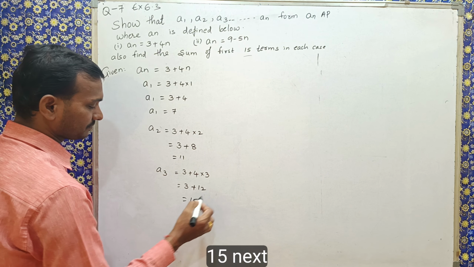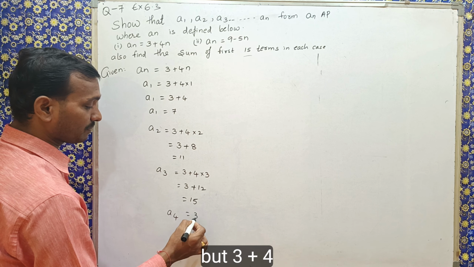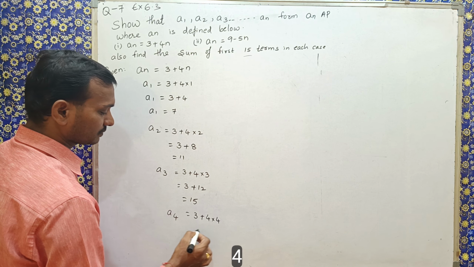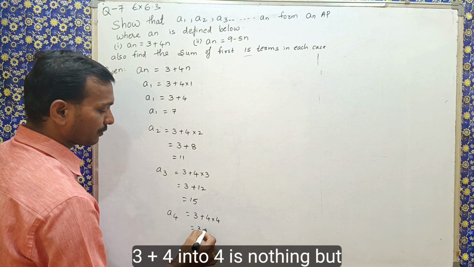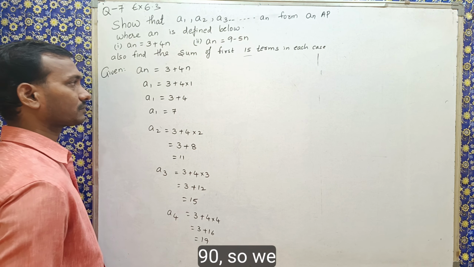We will get 15. Next a4, that is nothing but 3 plus 4 into 4, 3 plus 16, that is nothing but 19.